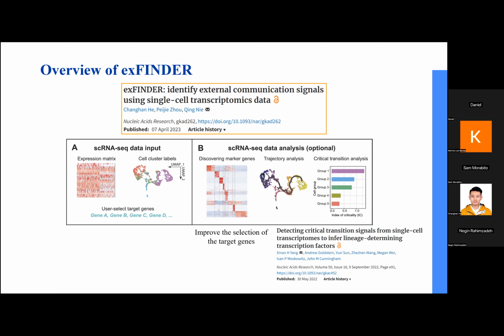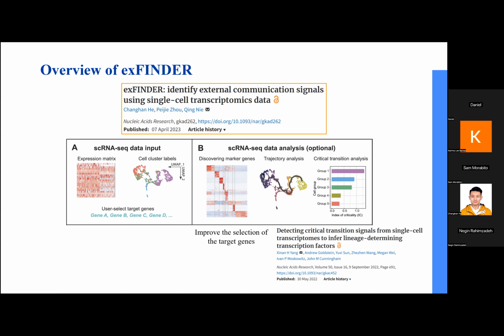This one corresponds to a paper published last year, also in NAR. This paper introduced a method, and there's a package called BioTIP. This method can also be used to perform critical transition analysis. For example, cell differentiation can be regarded as one of the critical transitions.